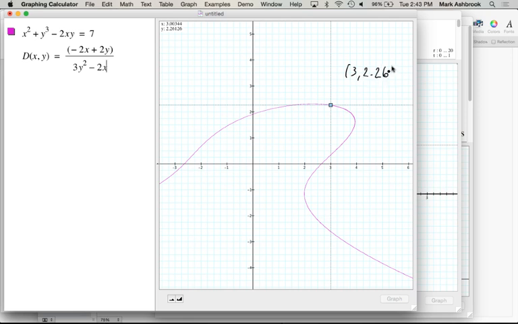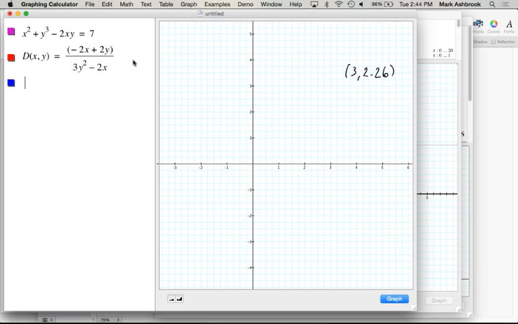What would you estimate the rate of change is going to be there at 3, 2.26? You don't have to give a number, maybe just qualify, right? So we know rate of change is about how fast y is changing with respect to x. So is it increasing, decreasing, slowly, moderately, or rapidly? Remember, that's what the rate of change gives us. So what would you say? Increasing or decreasing, slowly, moderately, or rapidly? Decreasing slowly. So what should the value of the derivative be?